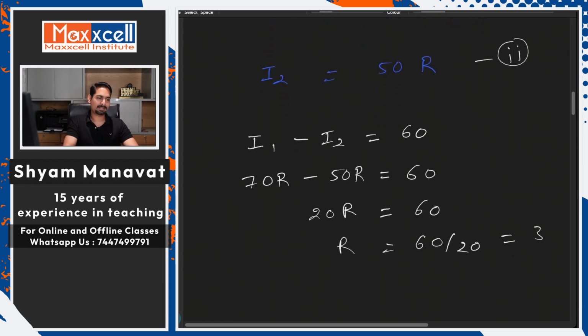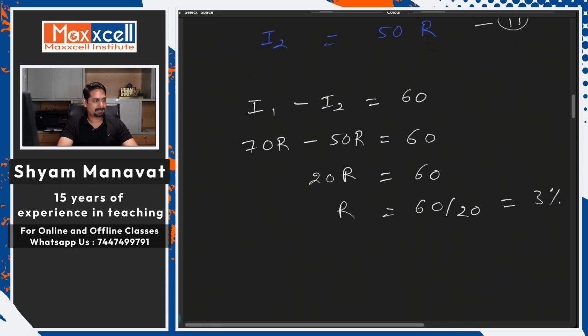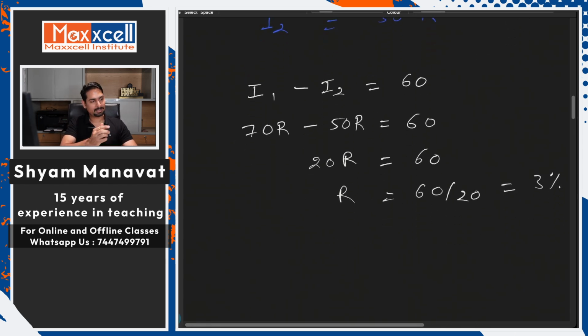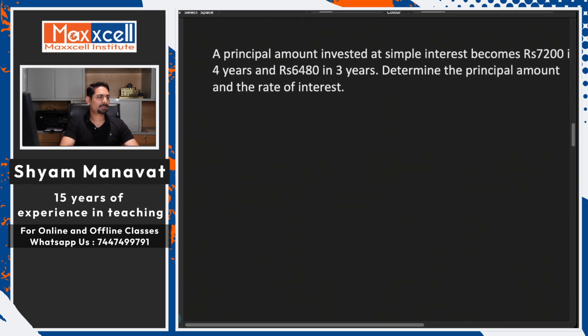So R is 3. What is the unit of R? Rate of interest unit is percent per annum. I hope this is pretty easy, and if you solved this by yourself, I hope your answer is matching. Let's look at the next question.